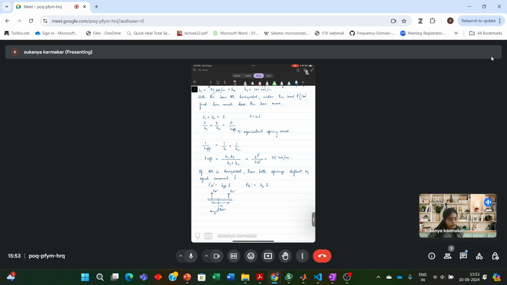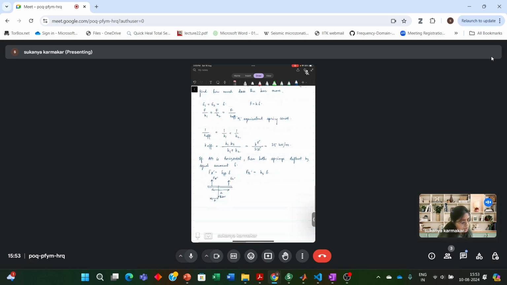First we can write the force equilibrium condition. We will use the equilibrium conditions. So summation of force in the vertical direction is equal to 0. So FA dash plus FB dash is equal to 1. Then we can take the moment about point B dash.